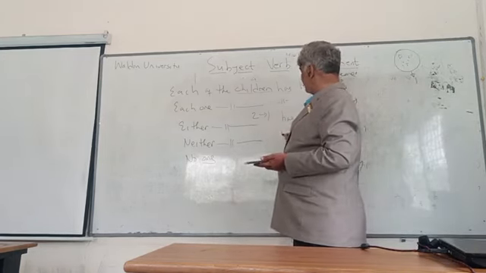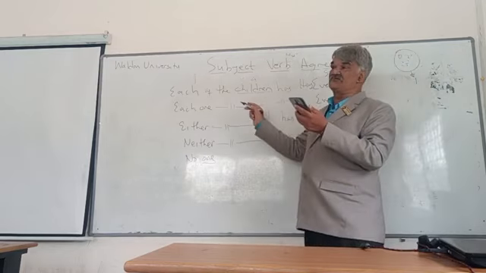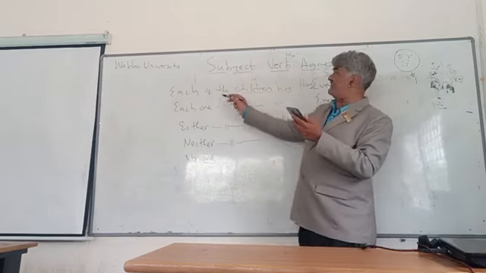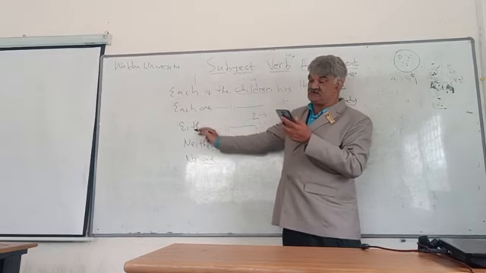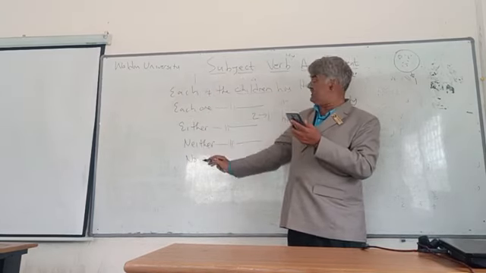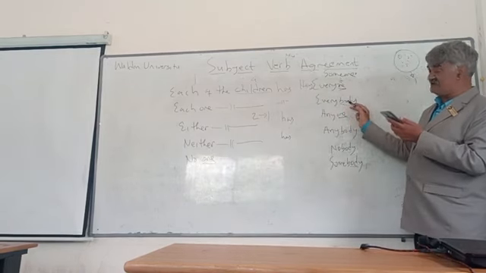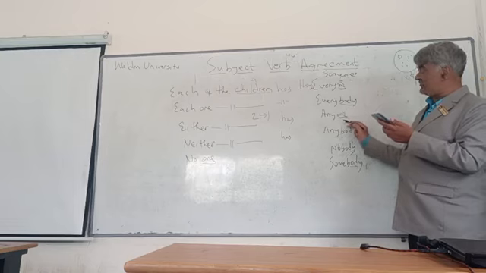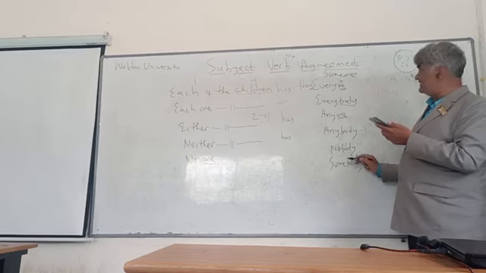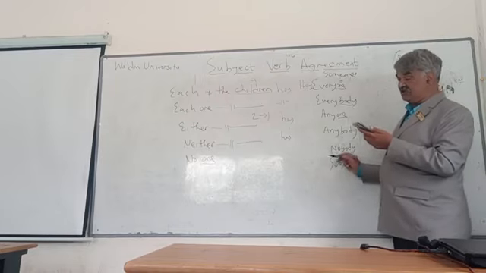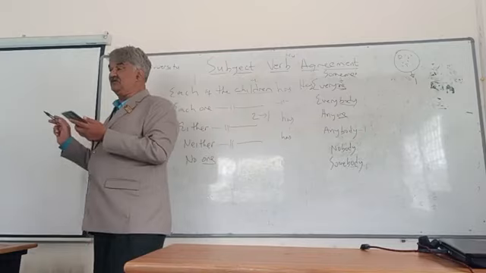So I'll read the rule again: each one, either, neither, everyone, anyone, everybody, anybody, nobody, someone, somebody, and no one are singular and take a singular verb.